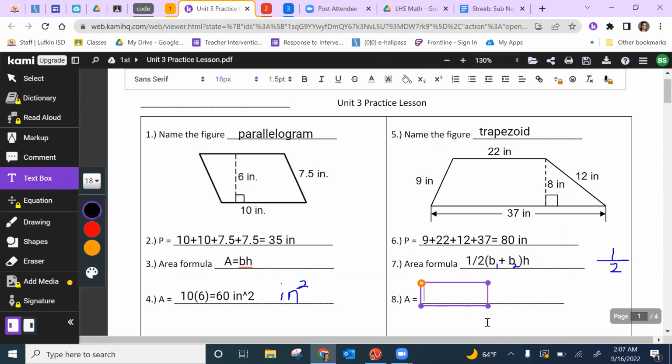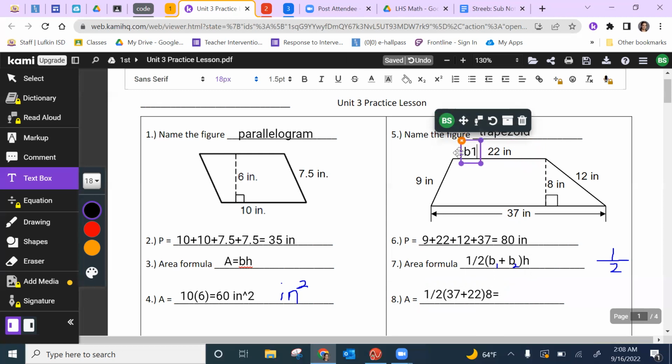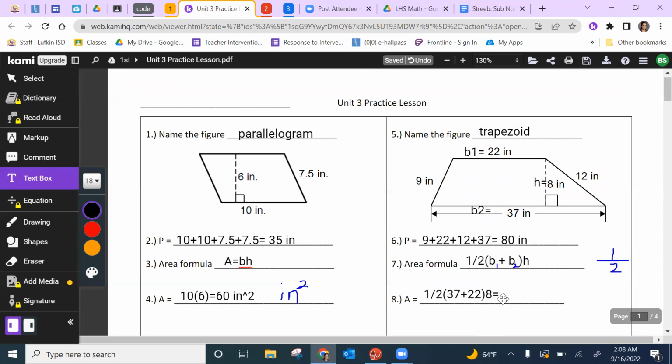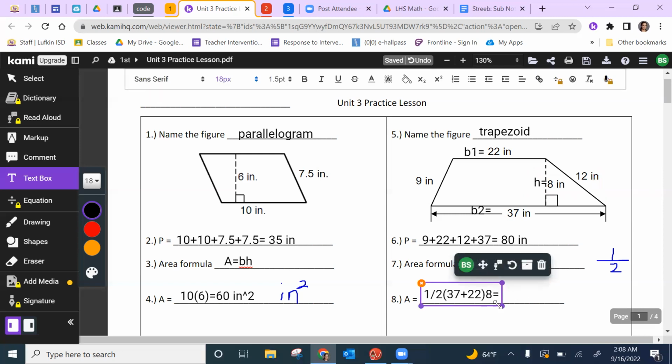So for our area, we've got 1/2 times base 1 of 37 plus base 2 of 22 times our height of 8. It's 236 inches squared.